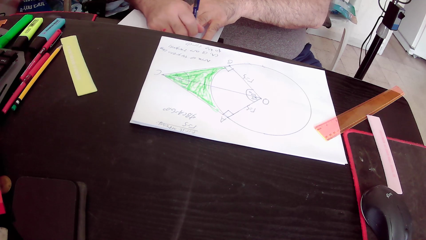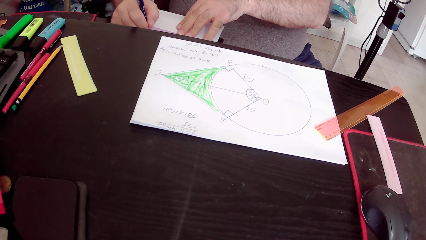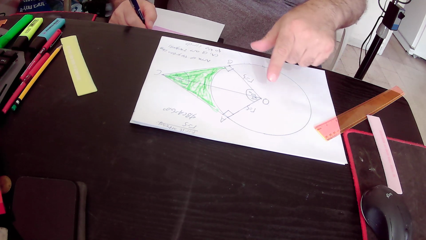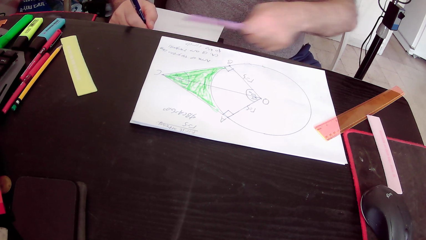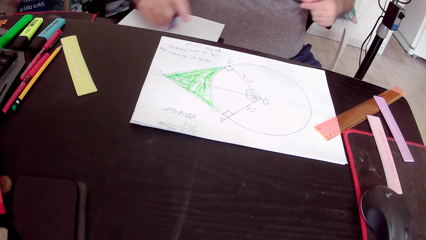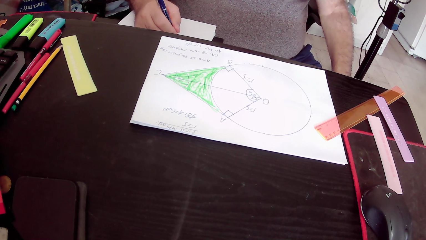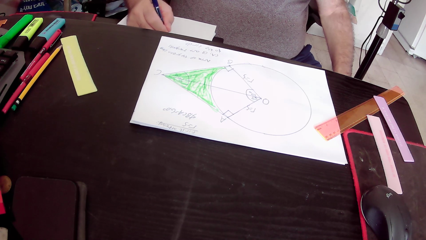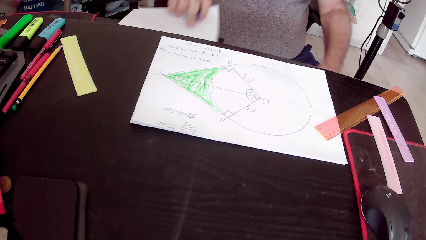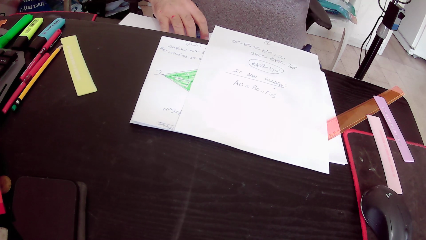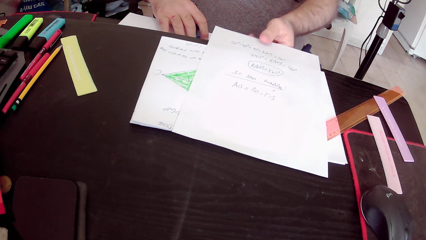So on those two triangles, we know that AO equals BO equals the radius of this circle, which equals 5 units.